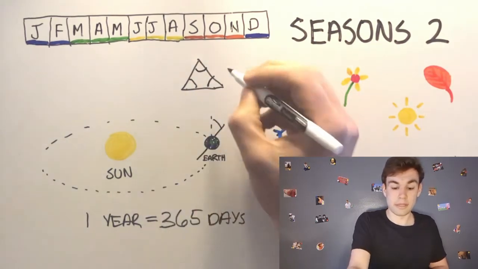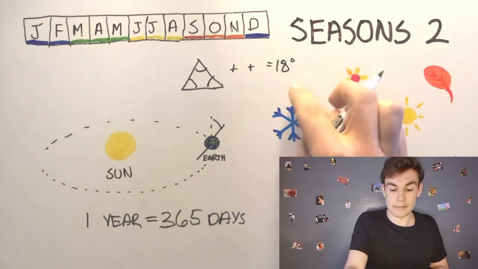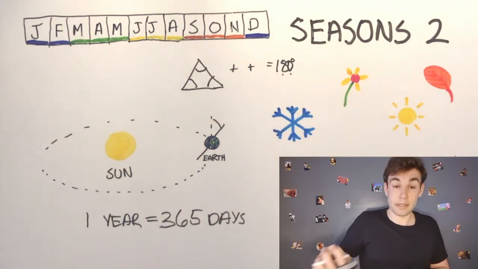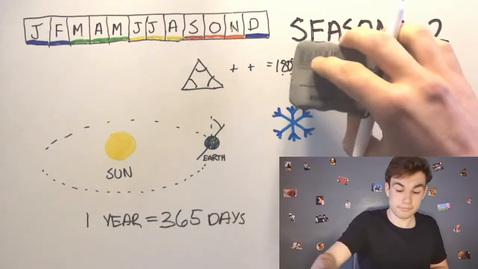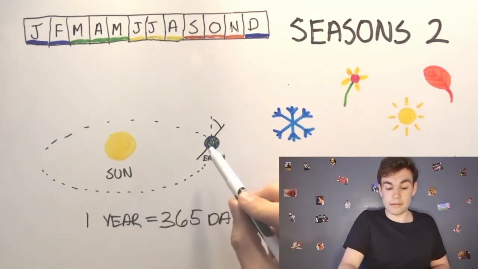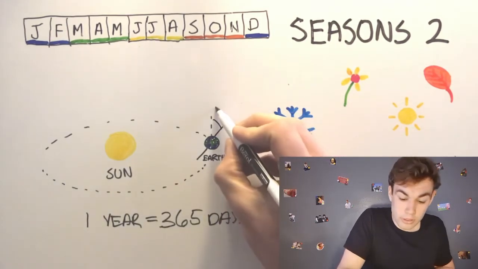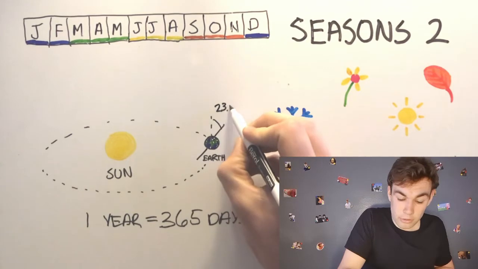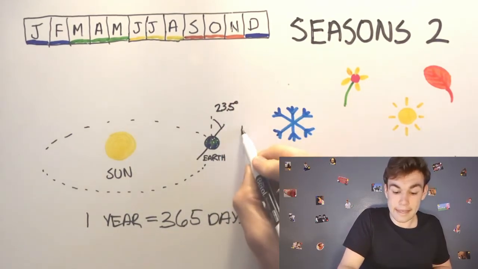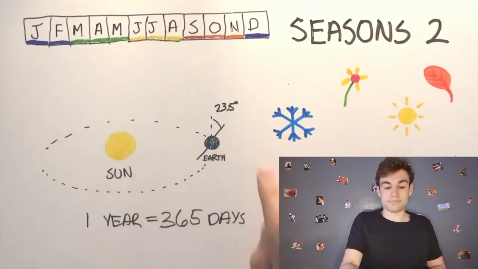These angles add up to 180 degrees. The Earth is tilted away from the Sun at an angle of 23.5 degrees. What does this mean?